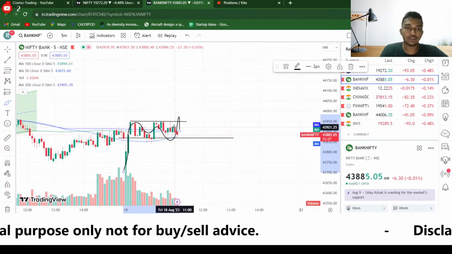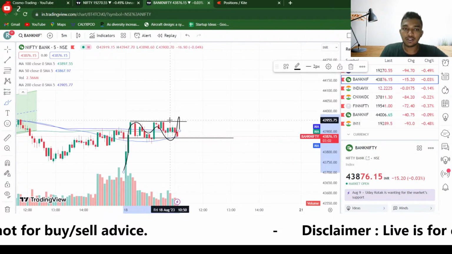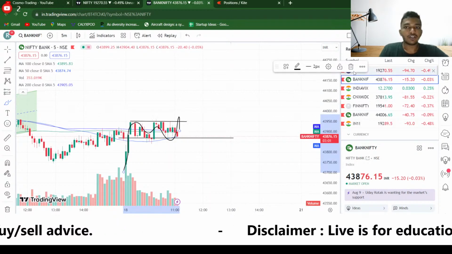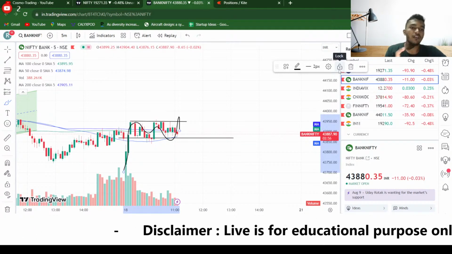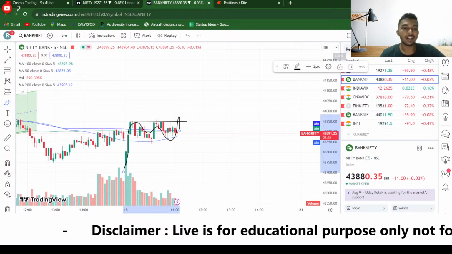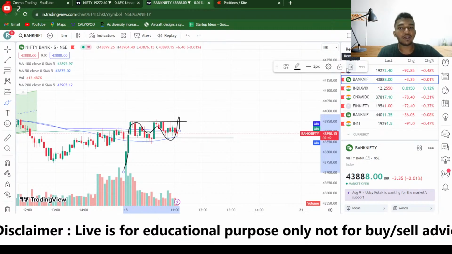This is the lower level of the range, and the higher level of the range is the 43,950 area. So we have a 100 points range in Bank Nifty, and right now it is consolidating in that range itself. If we break out on the upside, then we will look for an upside trade.